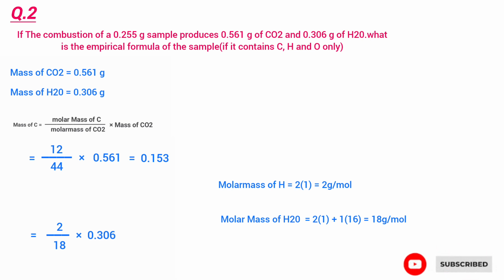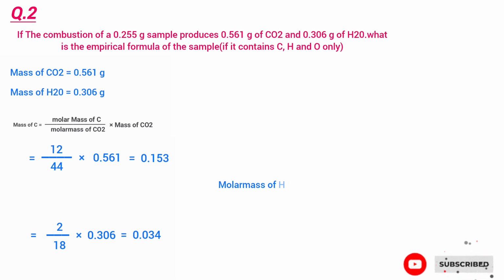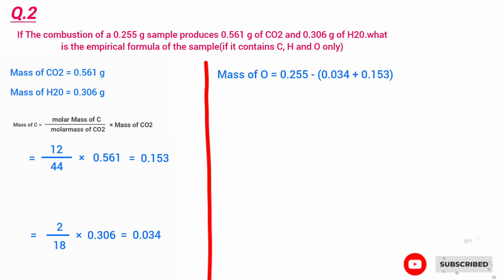Solving this, we have 0.034. So the mass of hydrogen is 0.034. So to find the mass of oxygen, you subtract the mass of carbon and hydrogen from the mass of the sample. Doing that, we have the mass of oxygen as 0.068. So the mass of oxygen is 0.068.